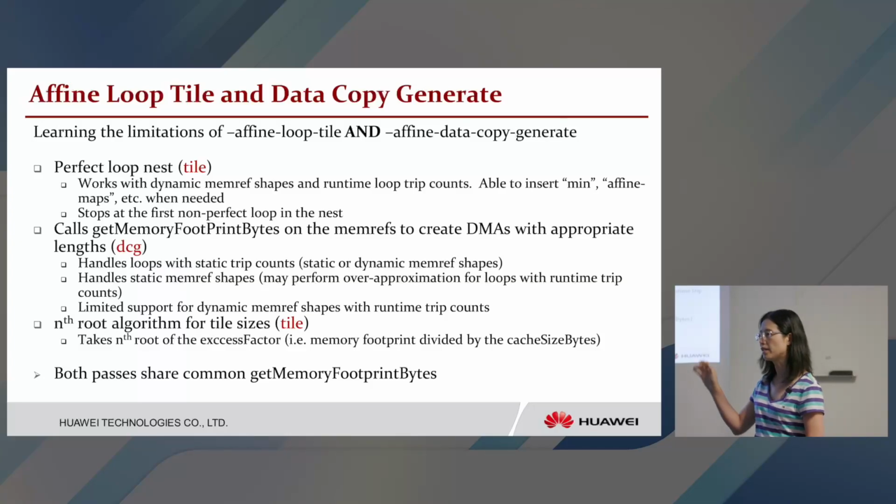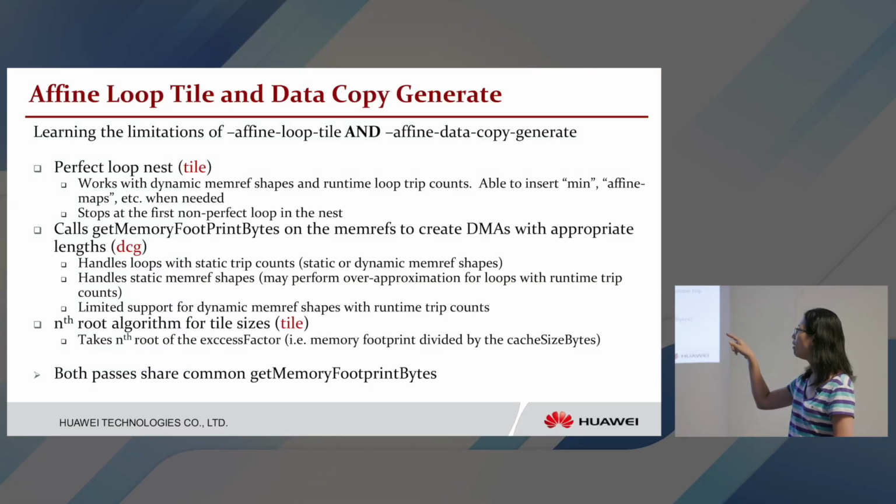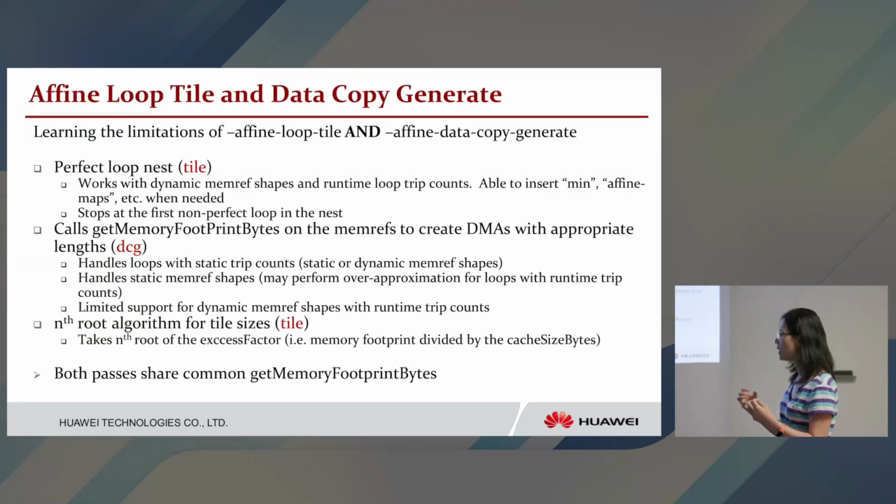Okay, let's go to DCG, data copy generate. That's a source of headache of its own. It calls this function get memory footprint bytes to estimate how much memory a memref takes up in the loop that it's chugging along.